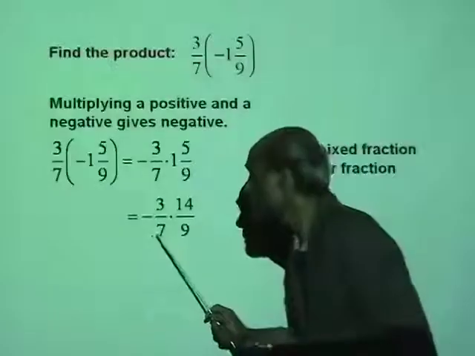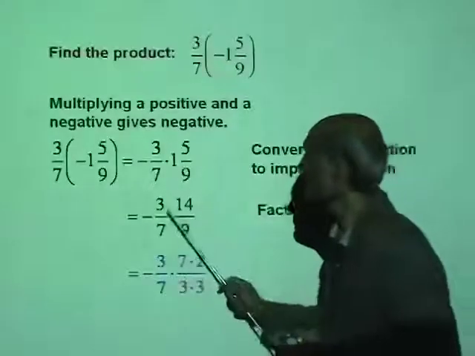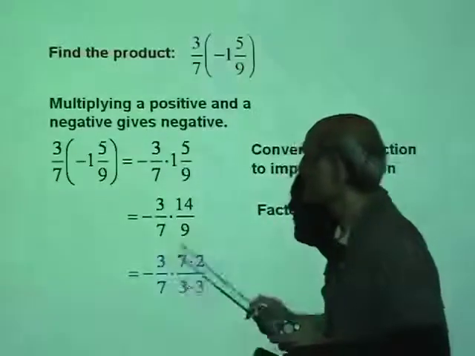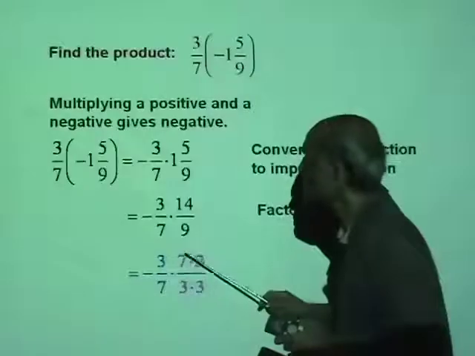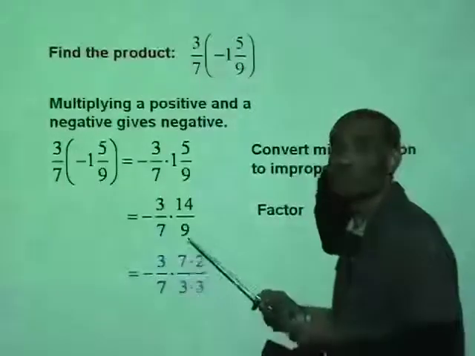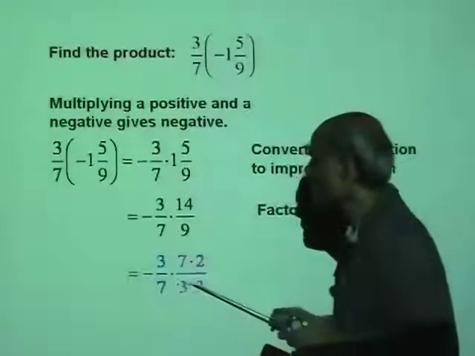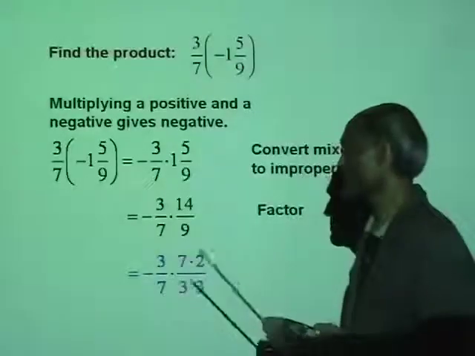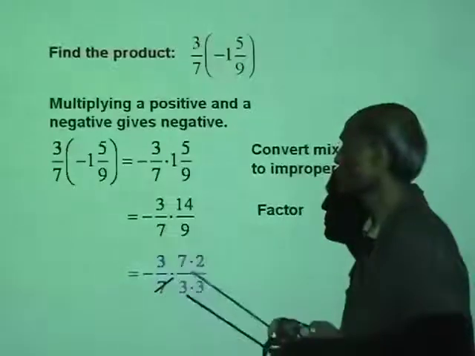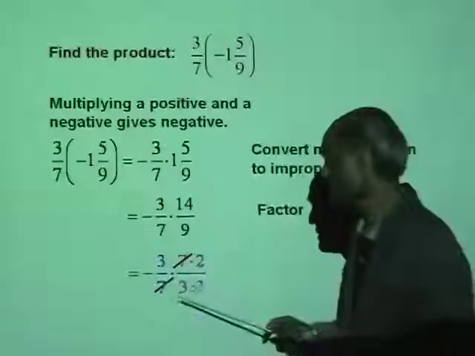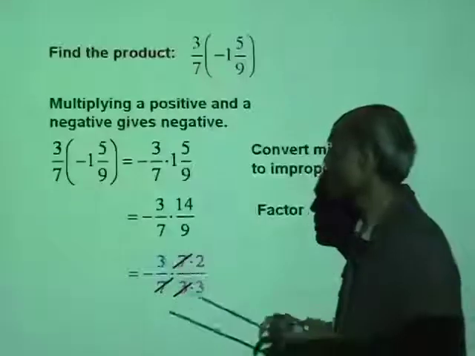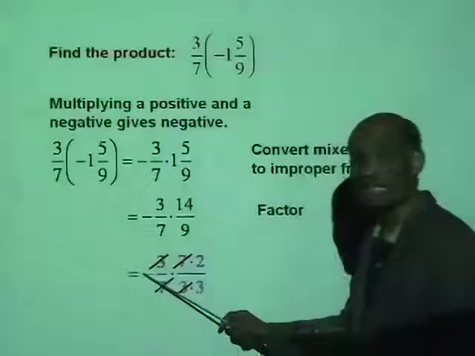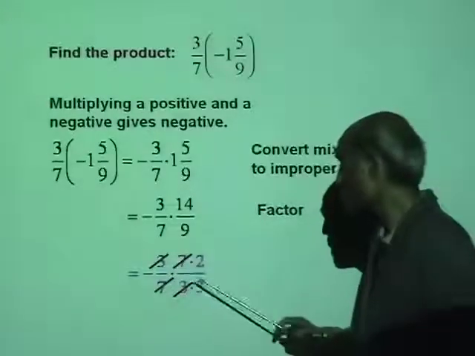Let's factor it. It will be negative 3 over 7 times 14 can be factored as 7 times 2, and the 9 can be factored as 3 times 3. Now cancel the common factors. 7 goes with 7 on the numerator. The 3 on the denominator goes with 3 on the numerator. The result therefore is negative 2 over 3.